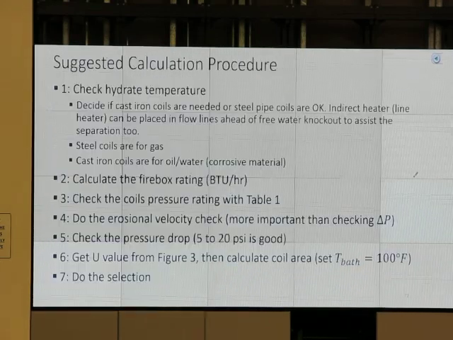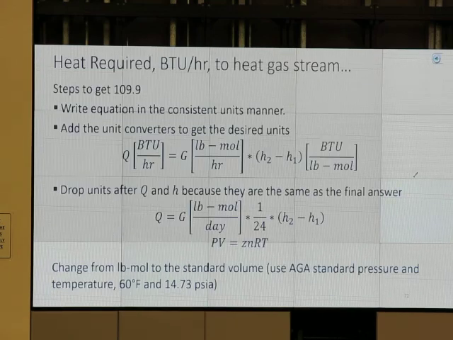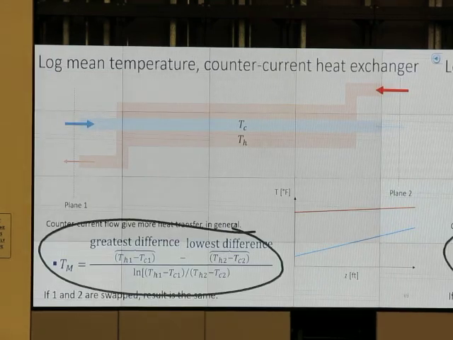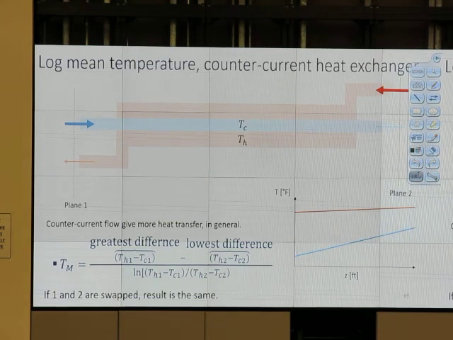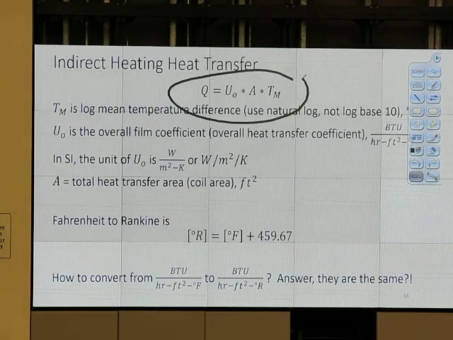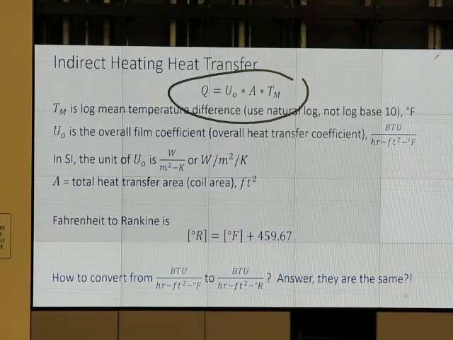Okay, so when we know the water bath temperature, then we can calculate T sub m, log mean temperature difference. From T sub m, we have U value. Next step, I will do this one. Q equal to U A T sub m. How do I get Q value?